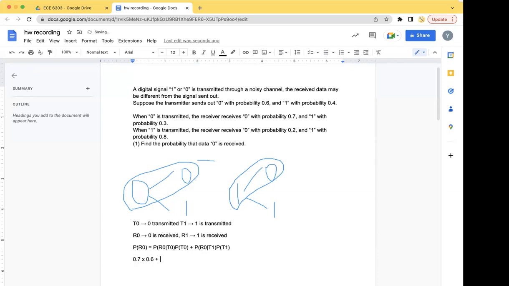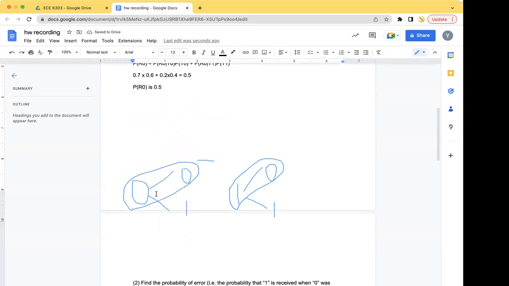Also, for the second part, we can have this equation and calculate the numbers together. We can know that the probability of signal 0 being received is 0.5.